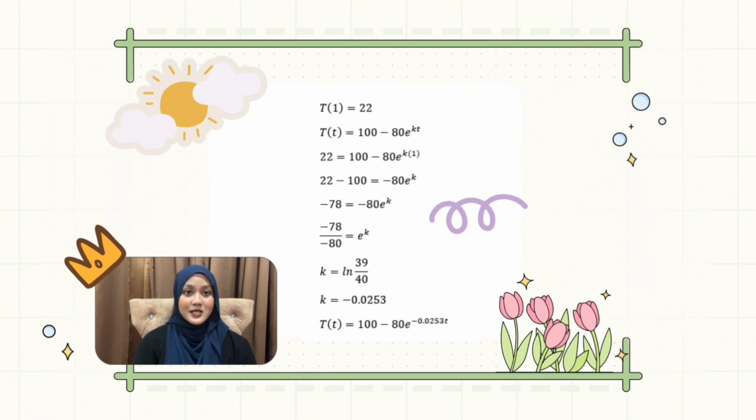When we evaluate this, we find that k is approximately negative 0.0253. Therefore, the rate constant k for this problem is negative 0.0253. So, substituting the value of k into the equation, the temperature at time t equals 100 minus 80 multiplied by the exponential of negative 0.0253 times t.